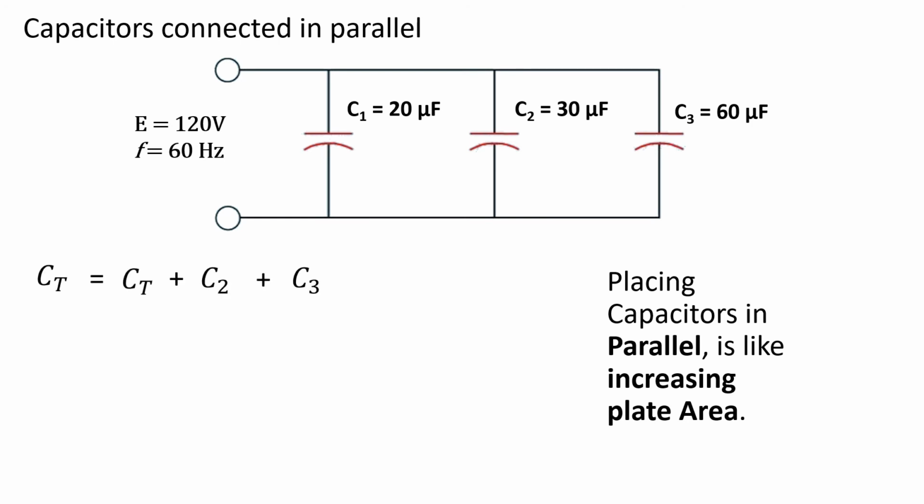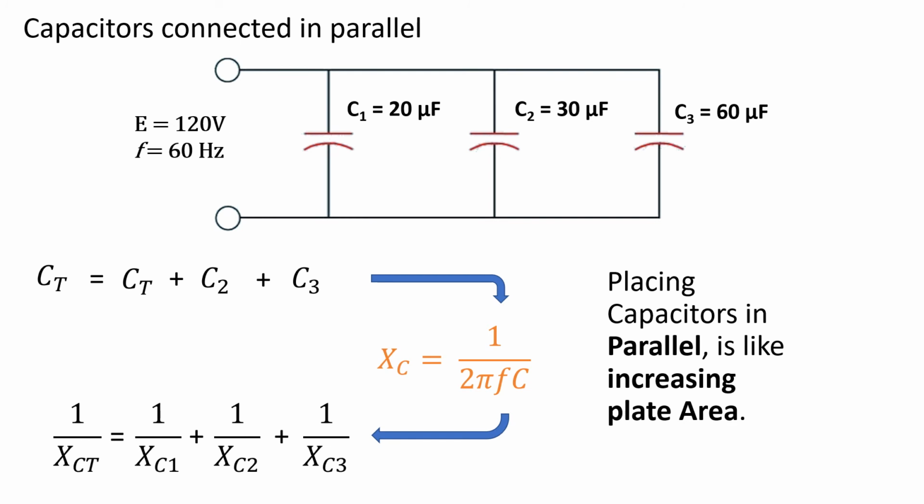So when capacitors are connected in parallel, the overall capacitance increases. But once we convert our capacitance into ohms, then all our old Ohm's law rules for parallel circuits still hold true, where our ohmic values are a reciprocal of the reciprocal sum.